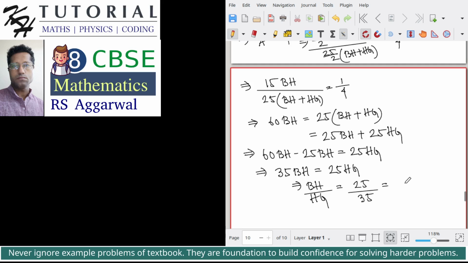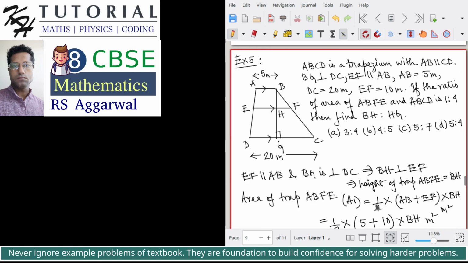This is equal to 5/7. So the ratio of BH and HG is equal to 5:7. So the correct choice is C. C is the correct choice.